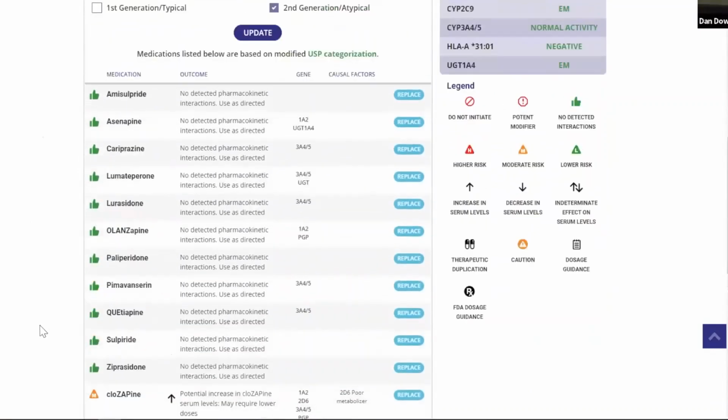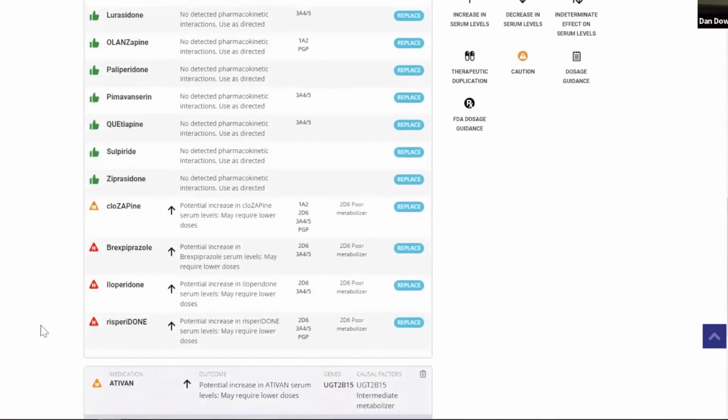So maybe I was considering Rexulti for this individual. I see here now that brexpiprazole has the same high risk interaction that Abilify does. So does iloperidone, so does risperidone.